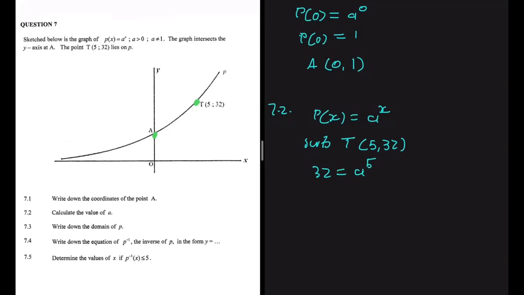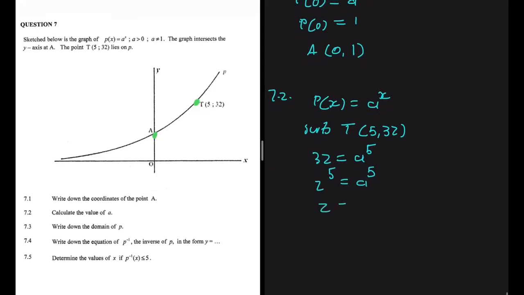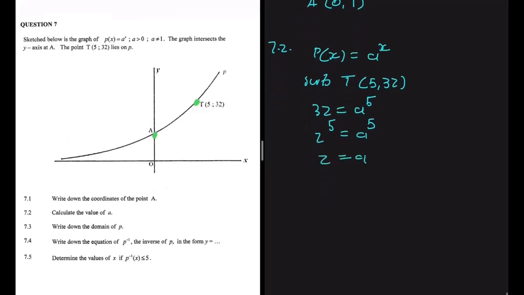Let's write 32 with the base of 2 and the power of 5. So we have 2 to the power of 5 equal to a to the power of 5. 2 to the power of 5 is just 32, so we can drop the exponents and equate the bases. If we do that, we get 2 equals a. Now we know that p of x is equal to 2 to the power x, and we have determined the value of a.